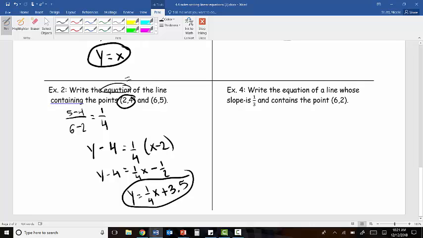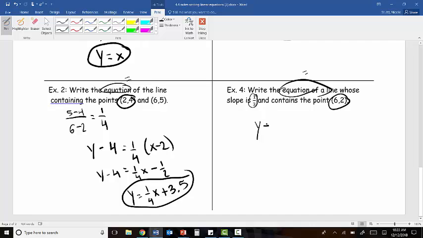And then example 4 says write the equation of a line. So I want to see an equals. The slope is 1/3. A point on the line is 6, 2. So it's a case 2. I met you halfway by giving you the slope, so you don't have to do that work at least.